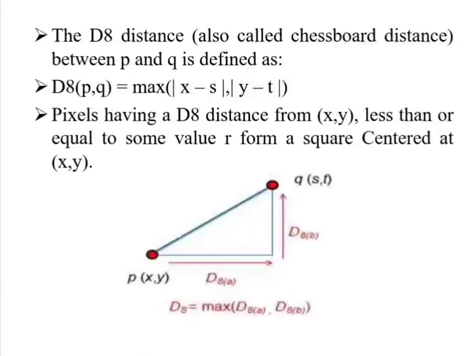Then the next one is the Dm distance. If we select to consider the m-adjacency, the Dm distance between two points is defined as the shortest m-path between the points. In this case, the distance between two pixels will depend on the values of the pixels along the path as well as the values of their neighbors.